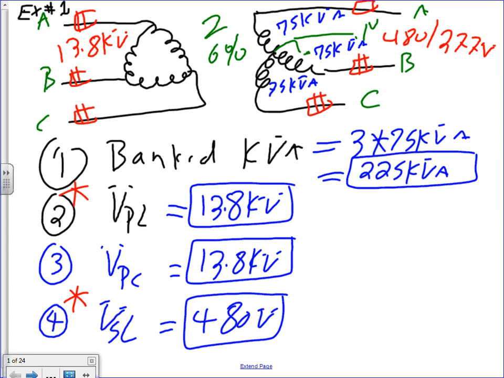So I put a star next to it because that's the most important quantity you're going to have, the line voltage. There's line voltage on the primary, line voltage on the secondary, coil voltage on the primary, coil voltage on the secondary. Any question, guys? And I know some of these are repetitive, so just a quick review of a line and a coil voltage, or a phase voltage. Okay, questions, move on to next.